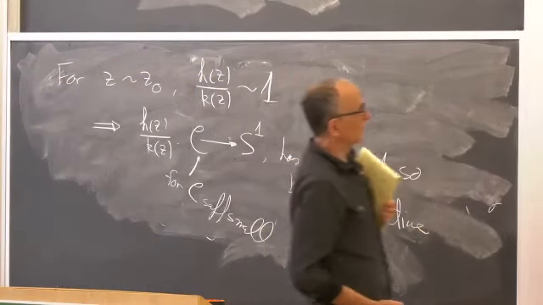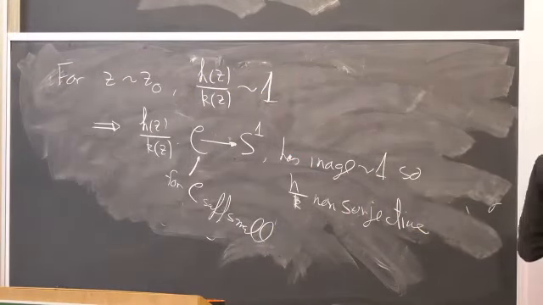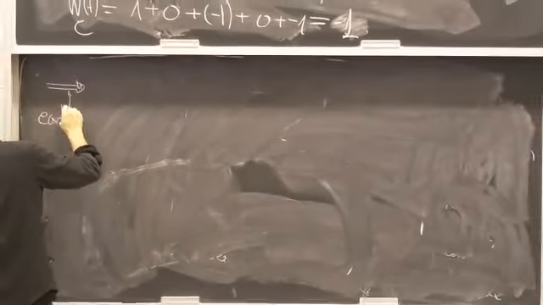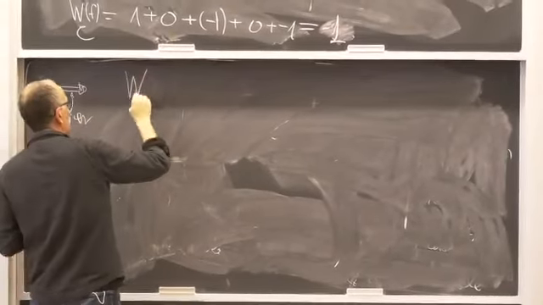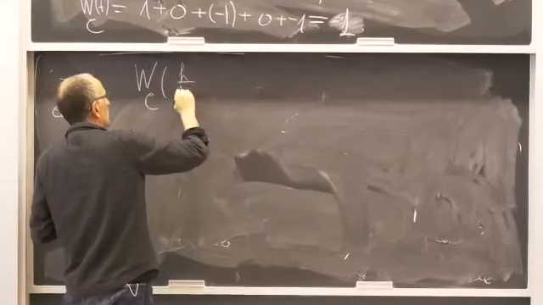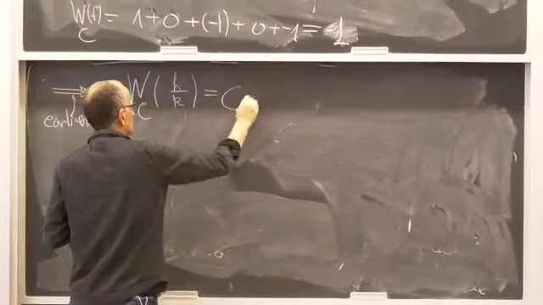So the winding number of the quotient will be 0. This follows what we said earlier. The winding number along this small c of h over k is 0.